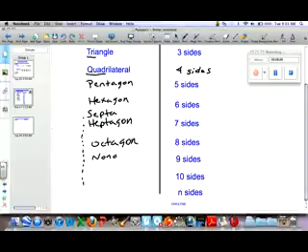So we have septagon, octagon, nonagon, decagon. And anything over 10, we just call it an n-gon. So if you have a 22-sided figure, we would call that a 22-gon. Okay, so that's the concept we're looking at here.